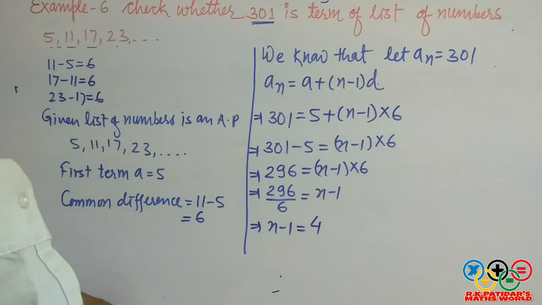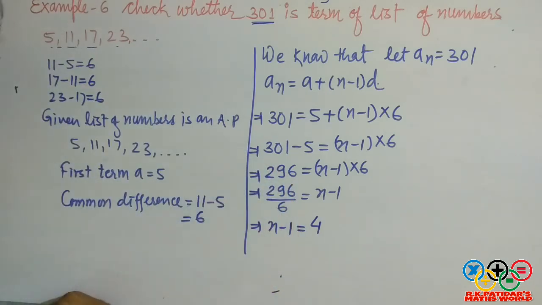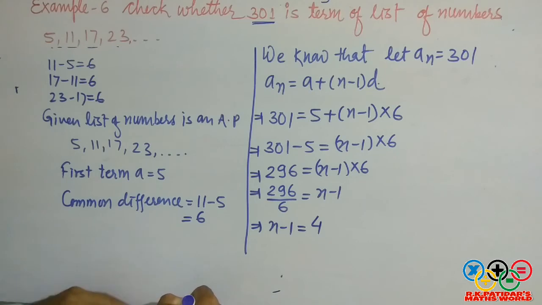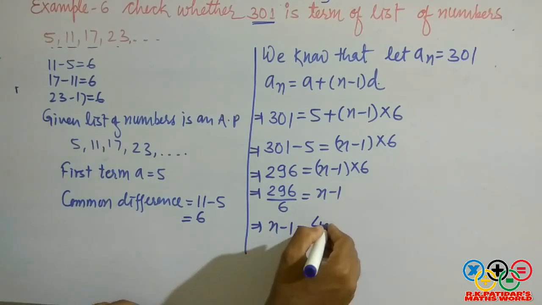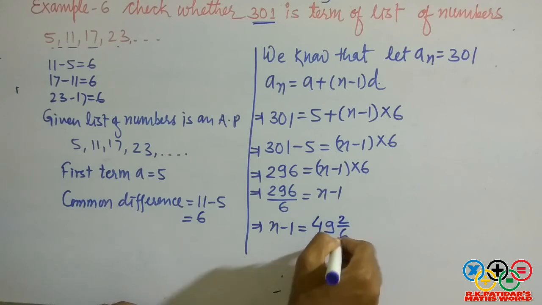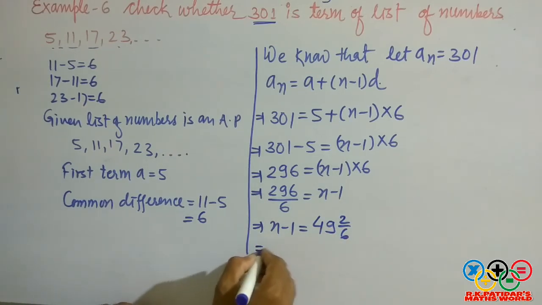Then what is remaining? 5. 5 6, 56, and it is what? Divide by 6. So 6 9 जा 54 and what is remaining 2, so it is 2 by 6, means you will not get a whole number.